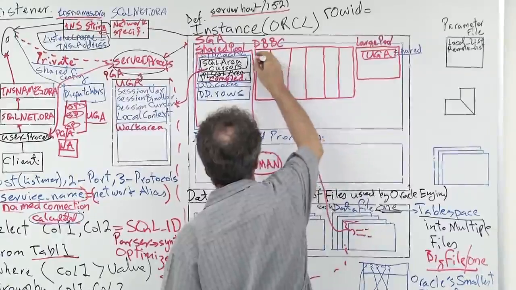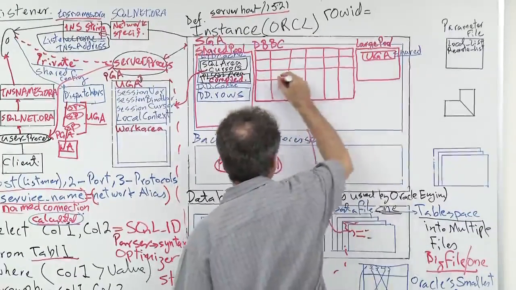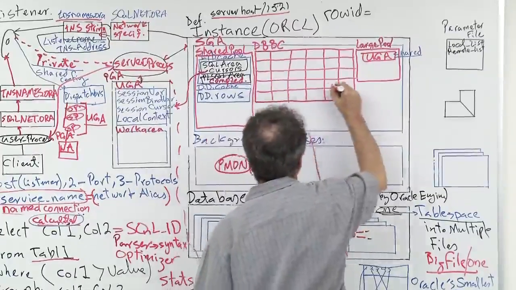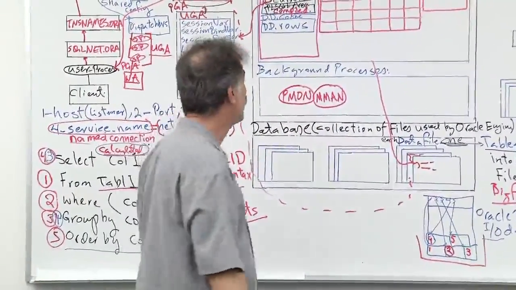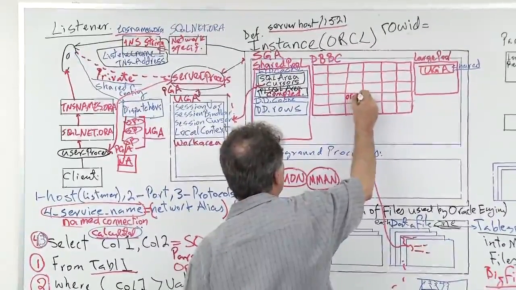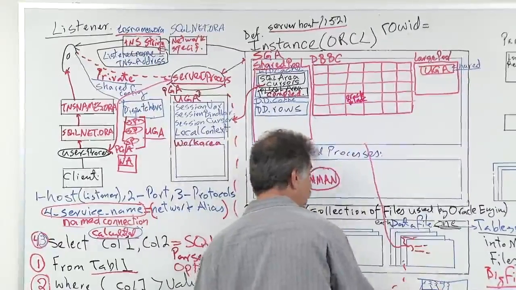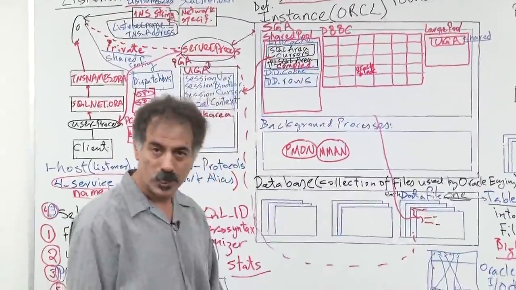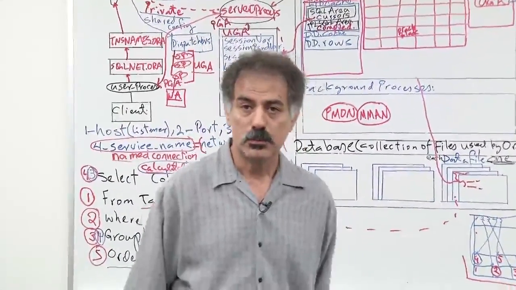Now, can most of you guess why we use these little squares to show the buffer cache? For those of you who guessed, you're absolutely right. Each one represents an Oracle block. These logical blocks. And we refer to these blocks as buffer pages.